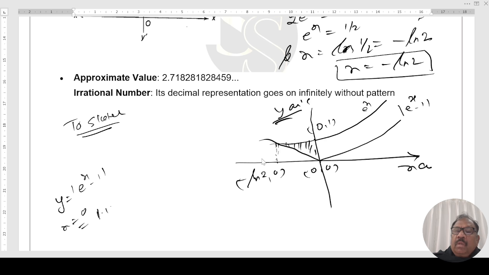So we require the limit. We have to find the area between the curve this, and this.